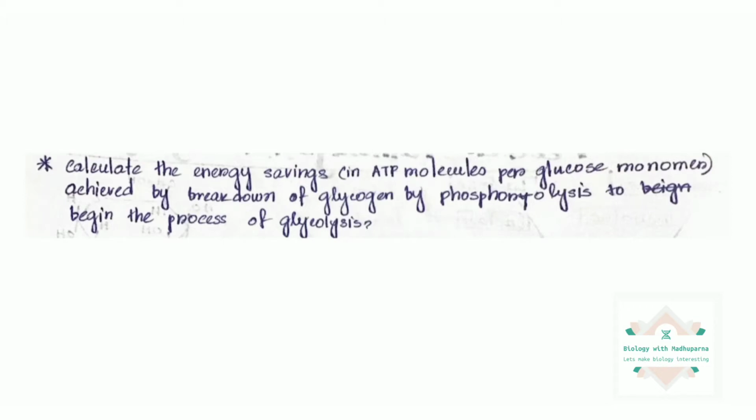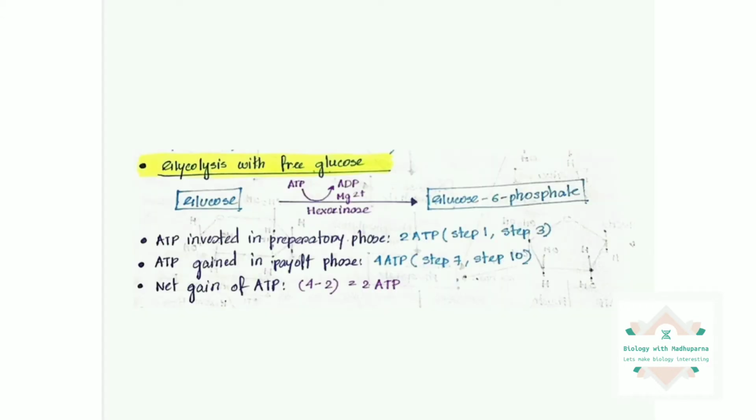So let's start. If we look into the usual way of glycolysis with free glucose, as we have read in our previous lecture, first glucose will be converted into glucose 6-phosphate with the help of the enzyme hexokinase, consuming 1 ATP, and at the last stage it will be converted into 2 molecules of pyruvate. First we will see how many ATP are invested in the preparatory phase in this method.